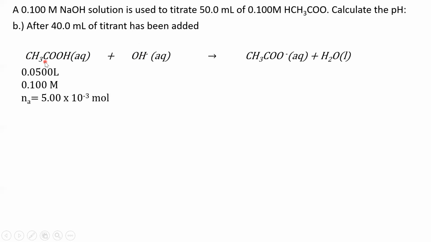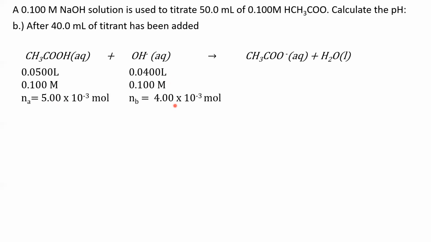So for the acetic acid, 50 milliliters of 0.100 molar, we have 5.00 times 10 to the minus 3 moles of acetic acid. For the hydroxide, we have 40 milliliters of 0.100. That gives us 4.00 times 10 to the minus 3.